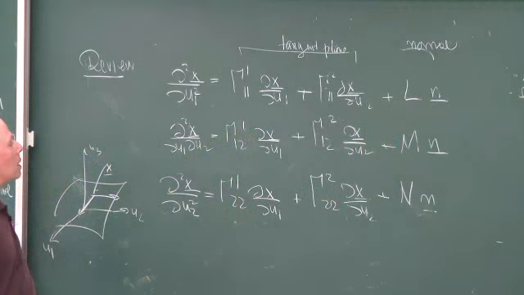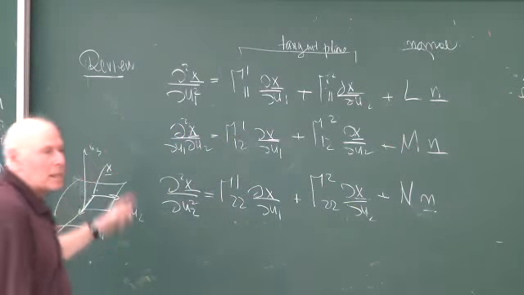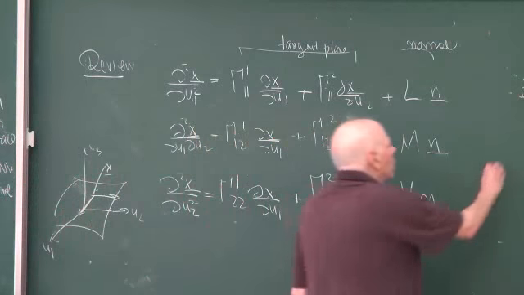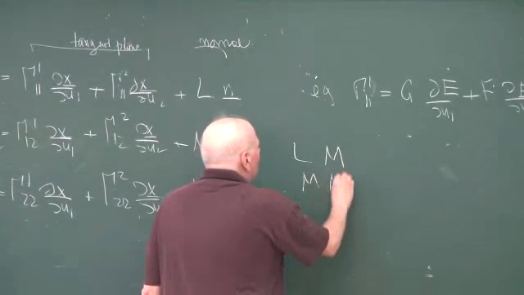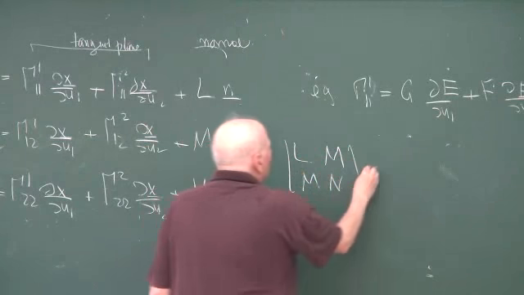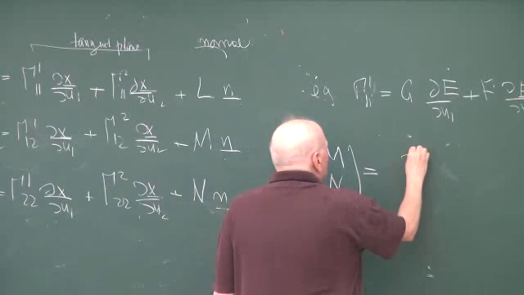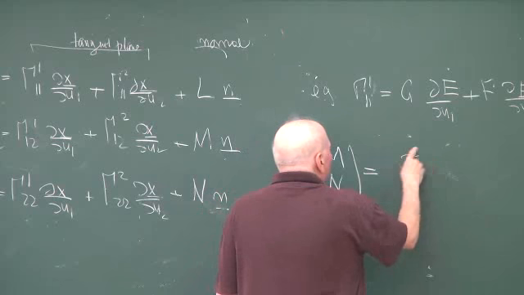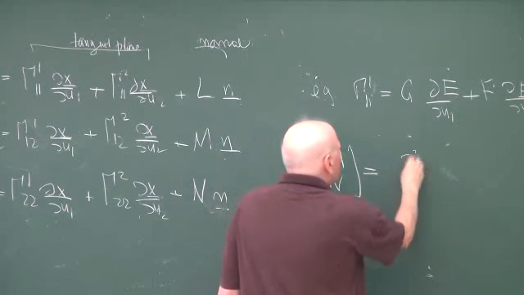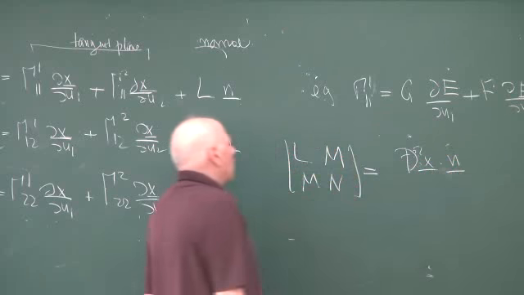Of course, it was easy to see what L, M, and N are. Just take the dot with the normal in each case, and we see, of course, as I said, L, M, N is just the second derivative, the Hessian dotted with the normal.